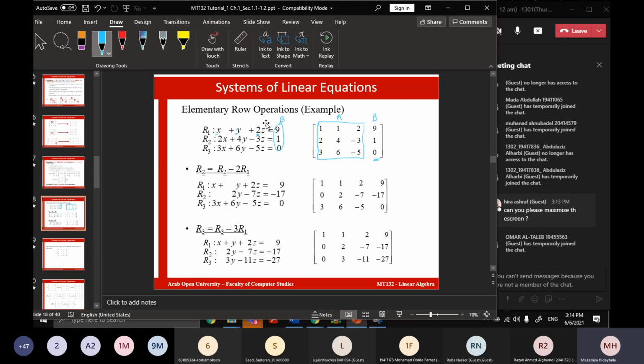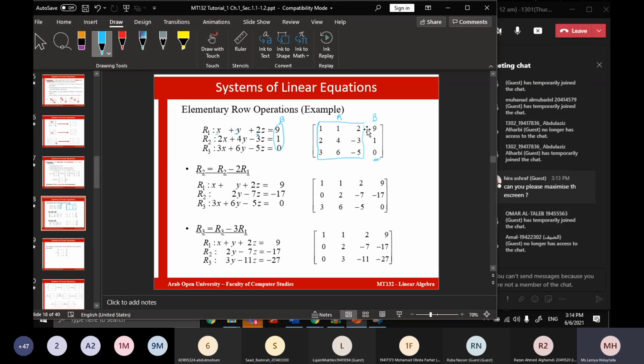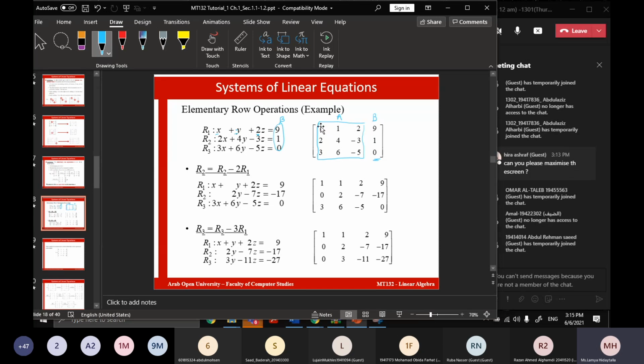So I wrote my system and put it in the augmented matrix like that. And then we start going to an equivalent system. For instance, this is my first row, and the first element here is not 0, it is 1.